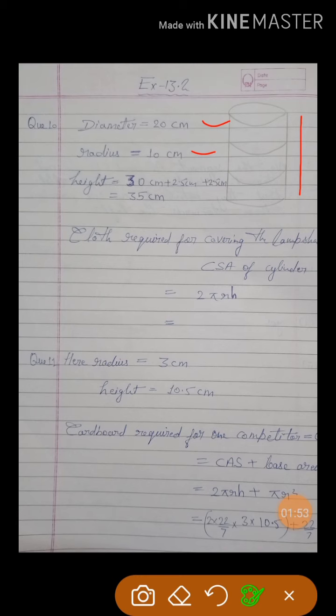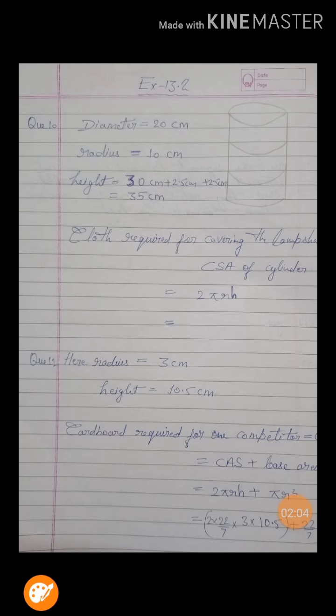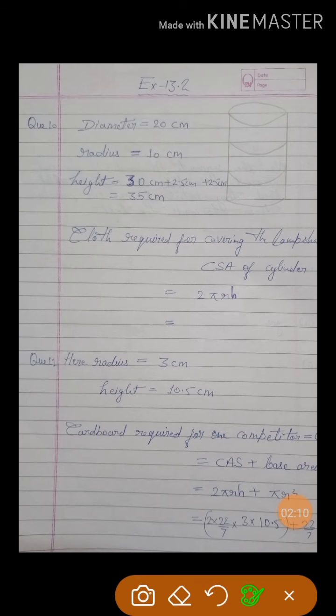But it is given that the cloth is folded at the top, 2.5 centimeter is here and 2.5 centimeter here, it is folded. So what we will do, the height of the cloth will be increased. How?